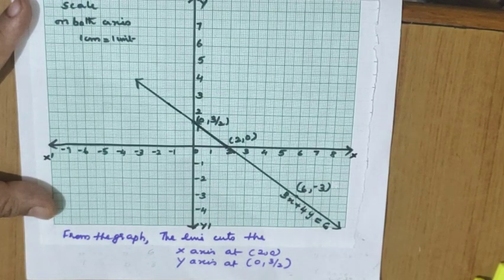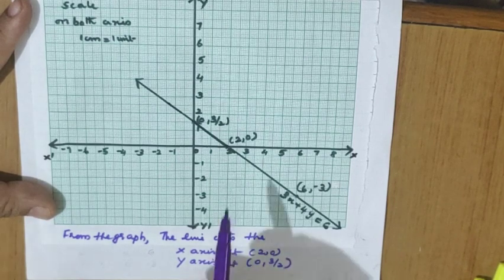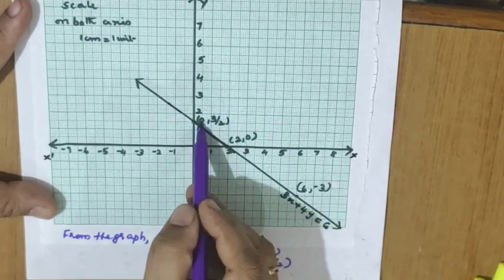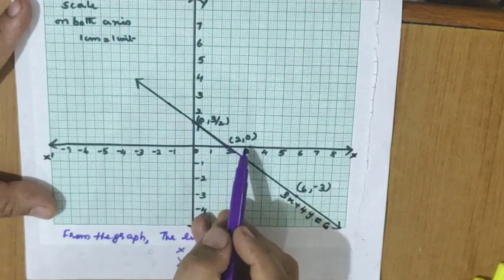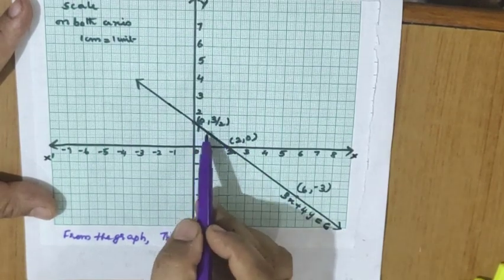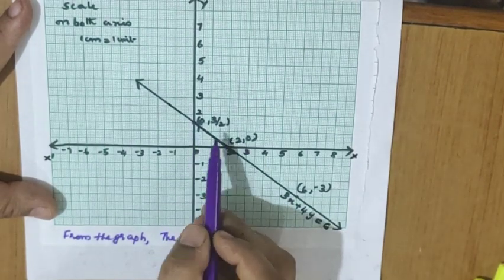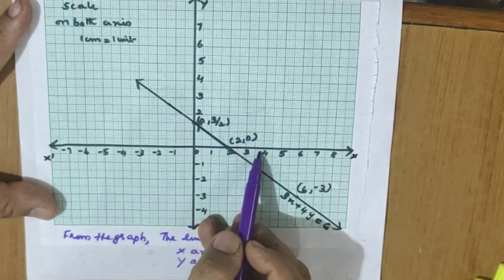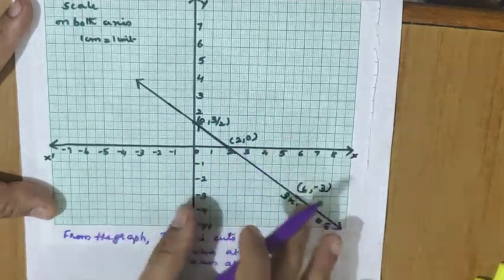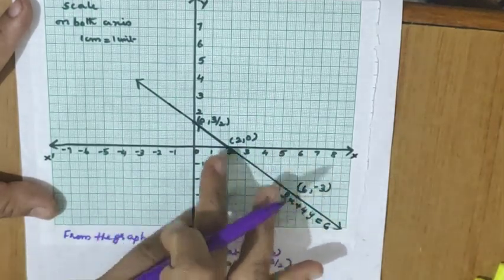If possible, I have not told it is compulsory, it is very helpful for drawing the graph. That is why we are suggesting we should find the values when x equal to 0. See, here I have written that when x equal to 0 and when y equal to 0, that is 0 comma 3 by 2 and 2 comma 0. So the endpoints will be clear. For that purpose only we are telling.